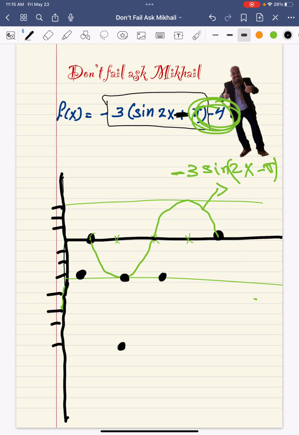Let me change the colors. All right. So this point is going to be here. This will be here. How about this? It's going to be here. And this is also here. And the max is going to be here.